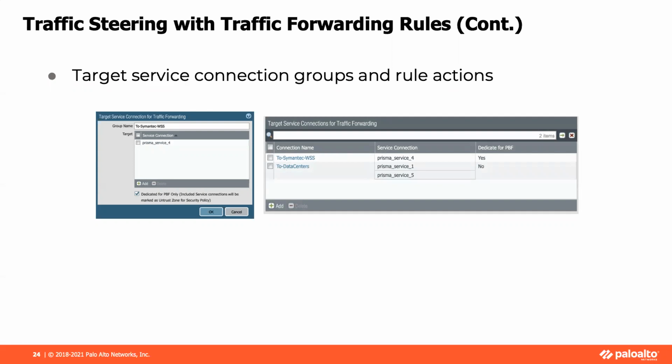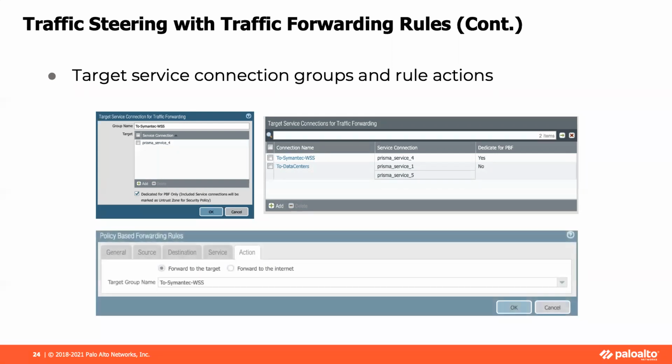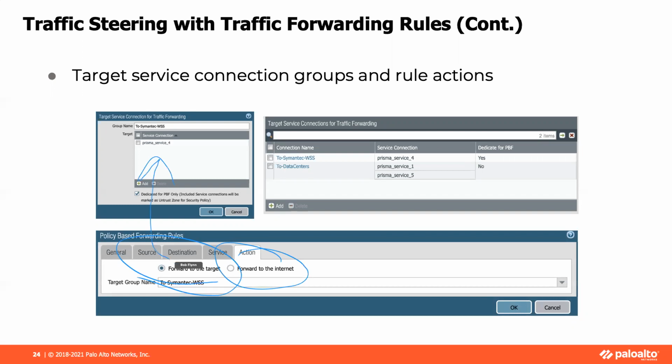And you can have multiple different destinations, different service connection groups, data center groups that you want to use. And then it's just a matter of using our policy-based forwarding rules to do our traffic steering to forward either out to the internet, or other rules may say forward to one of these data center groups that I've created.